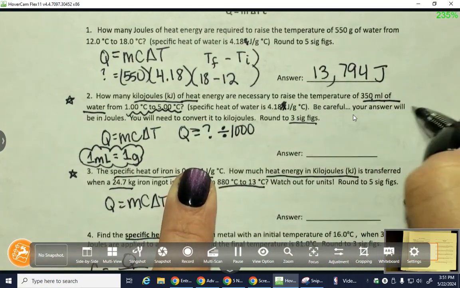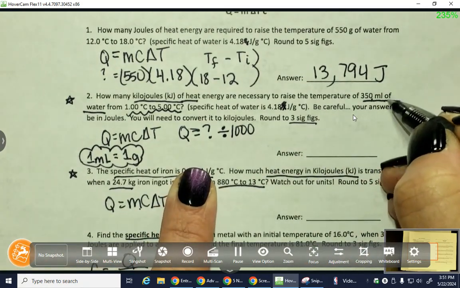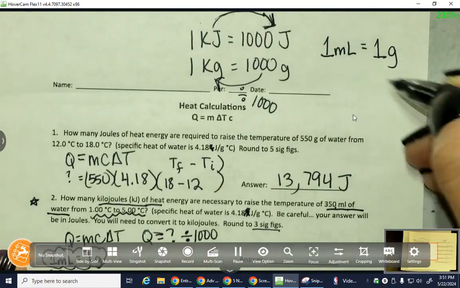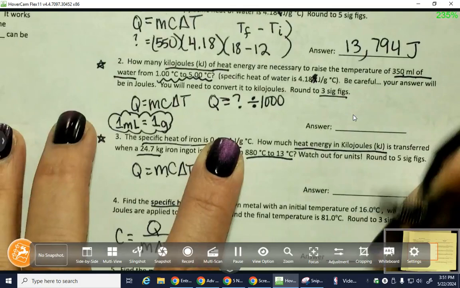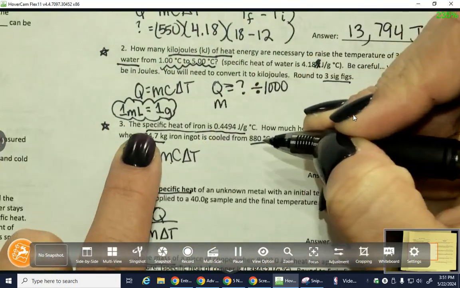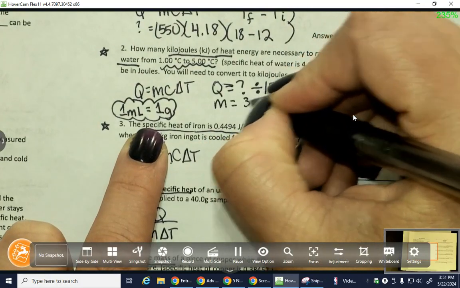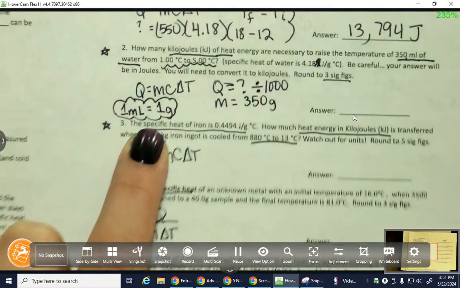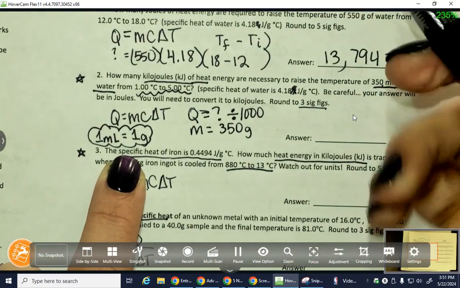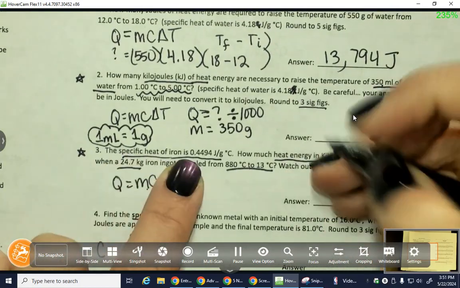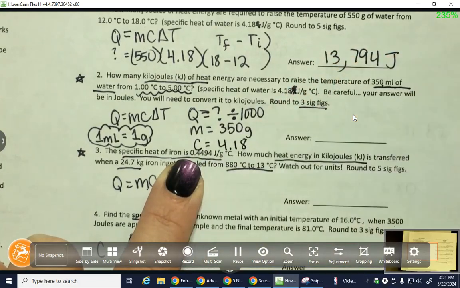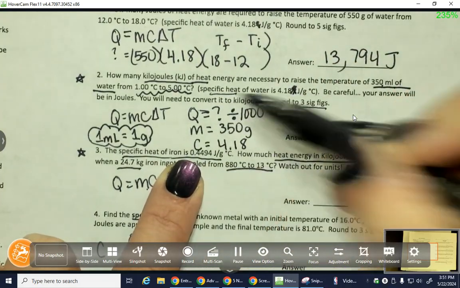All right, then when looking through, we see 350 milliliters. So that goes with what we were just saying. 1 milliliter of water is 1 gram. So therefore, using that little assumption, our mass is 350 grams. Easy. Then the rest of it, C is going to be 4.18, specific heat.